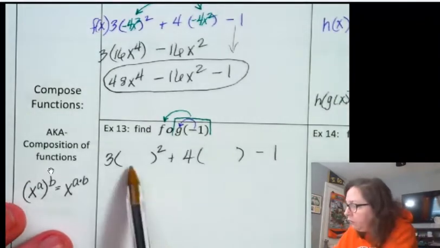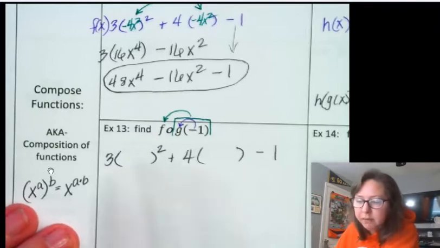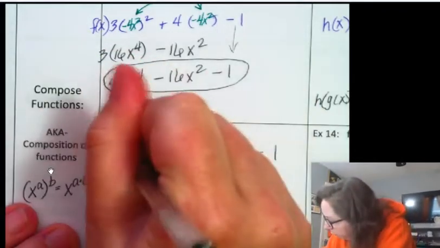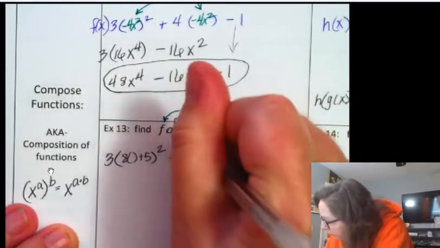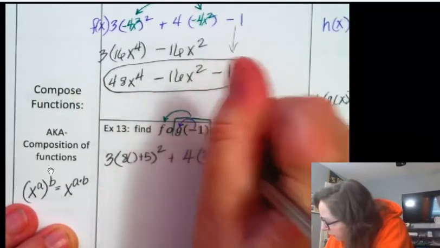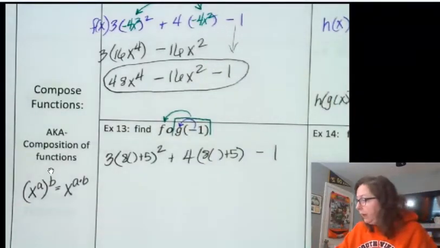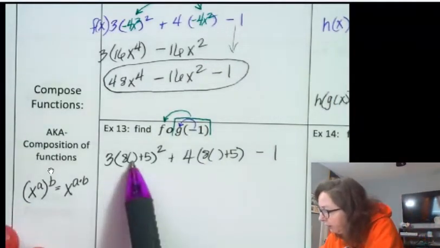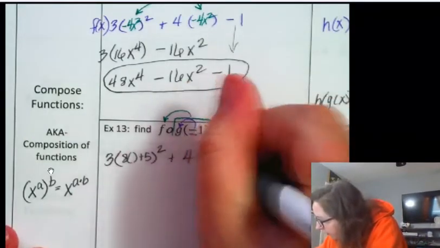Now I'm going to put the g function inside these parentheses. 8x plus 5, 8x plus 5. Okay, and now what do I put inside these parentheses? I put that -1 inside there.